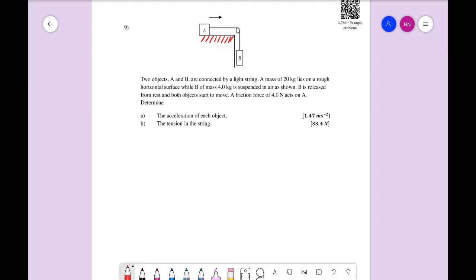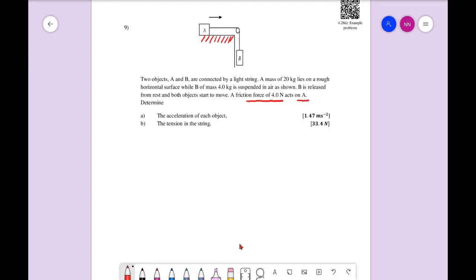A friction force of 4 Newton acts on the A, because only object A is in contact with the rough surface, but object B is not in contact with that surface.